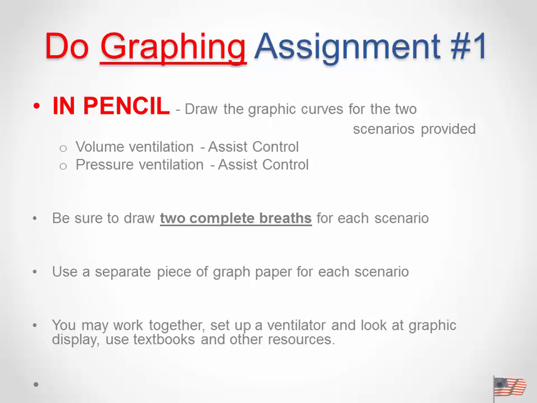There's a graphing assignment, called graphing assignment number 1, and there should be some graph paper there. Take the graph paper out and get a pencil. I recommend a pencil. We're going to draw 2 complete breaths for each of those settings, 1 on each side. You have the settings there.